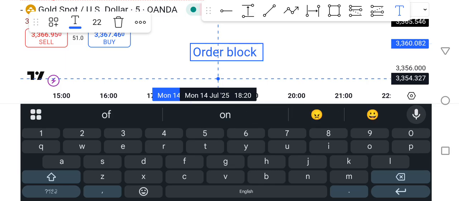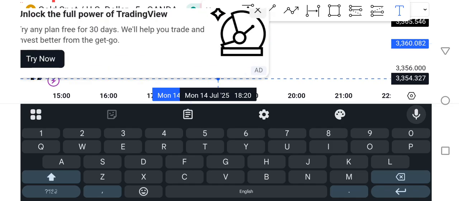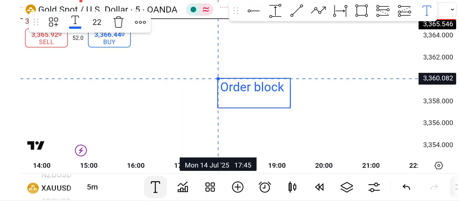And the order block is the last up close or down close candle after sweeping the high or low of the CRT candle. I will show you what that is. The second entry model is the fair value gap.